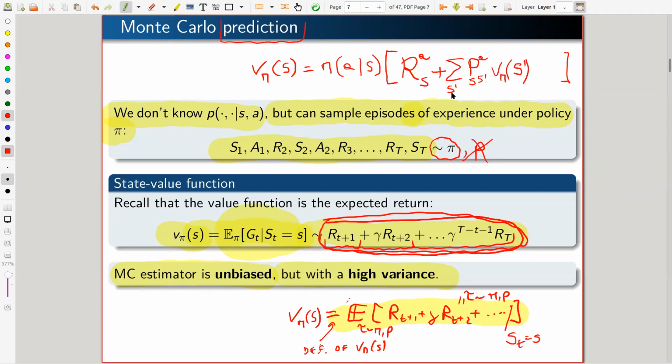We also have to add the discount factor in front of the summation. You are right. You understand, this is the sum over the actions that we can take from state S.